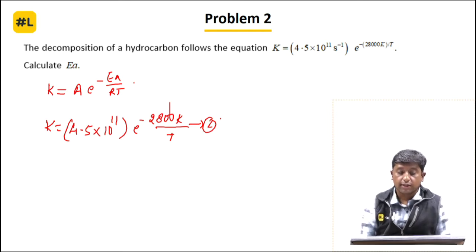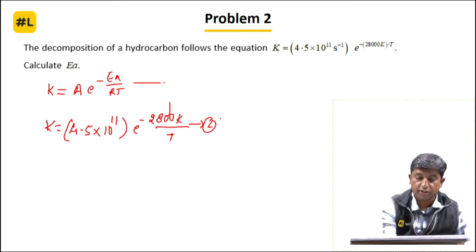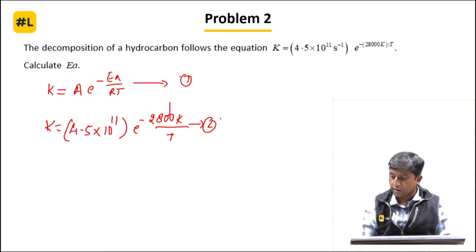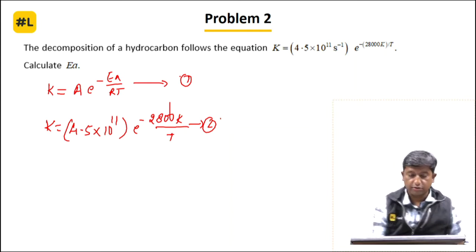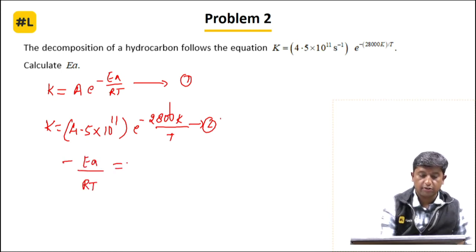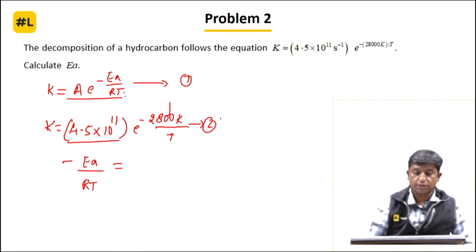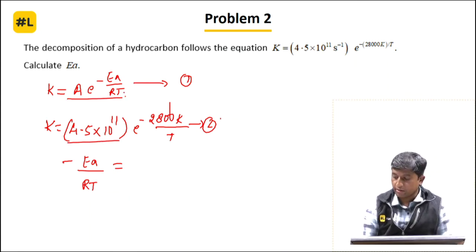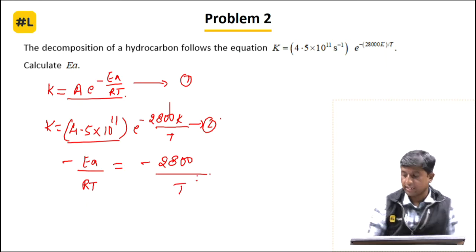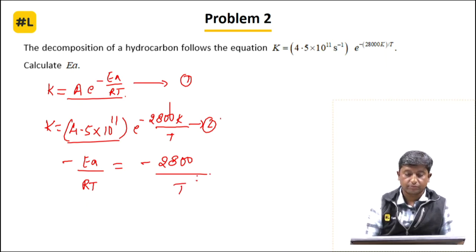So, now let us compare equation 1, the Arrhenius equation, with equation 2. When we compare equation 1 and 2, we can write minus EA divided by RT will be equal to, let us neglect the pre-exponential factor, minus 28000 divided by T. We can write like this, neglecting.